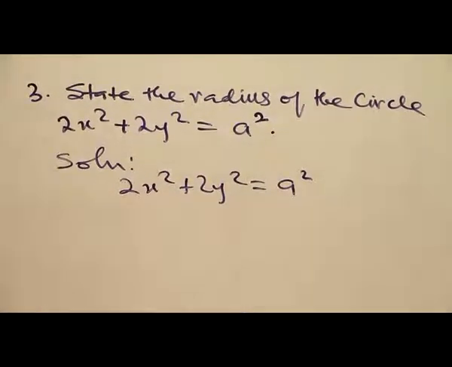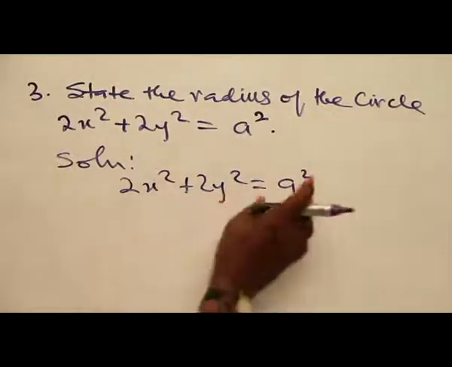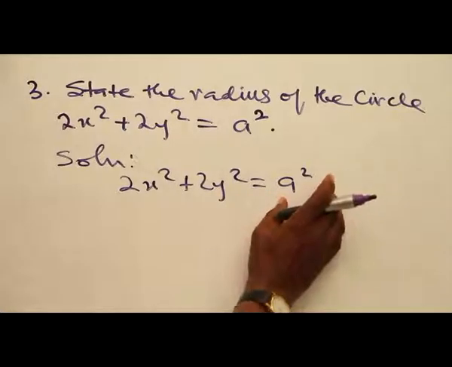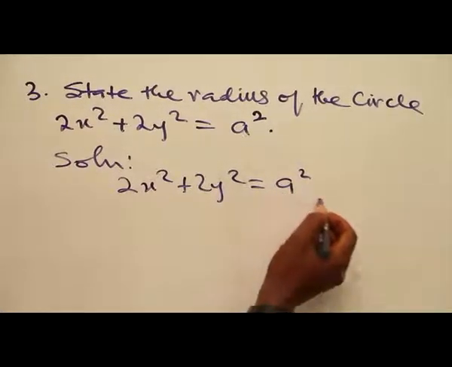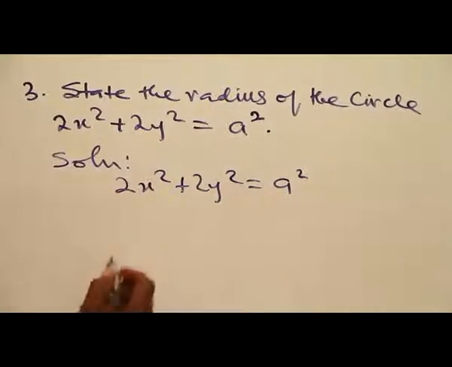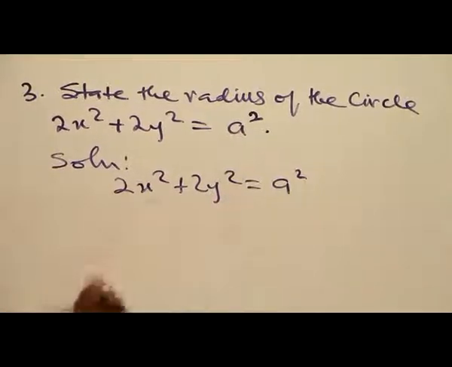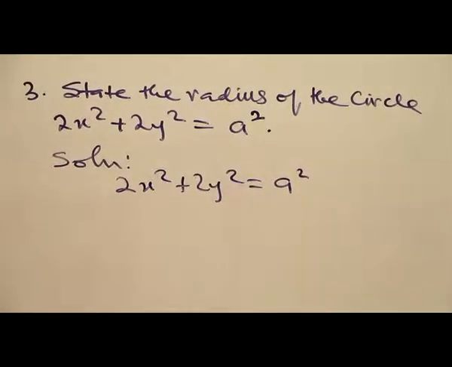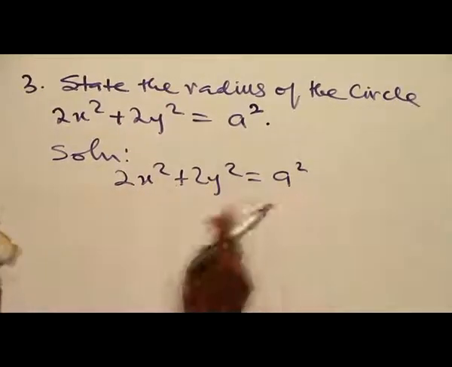Now, before we can find the radius, don't conclude here by saying that, oh, the right hand side is r squared, therefore the radius is the square root of a squared and is equal to a. No. First and foremost, you make the coefficient of x squared and y squared to be equal to 1, a unit. So what do we do? We divide all through by 2.